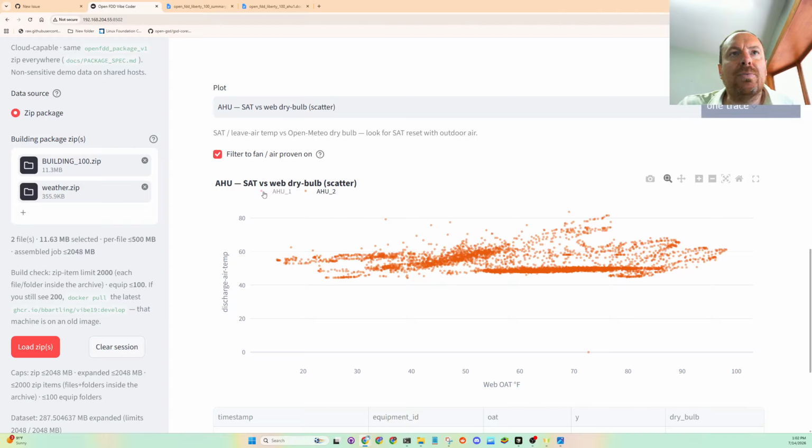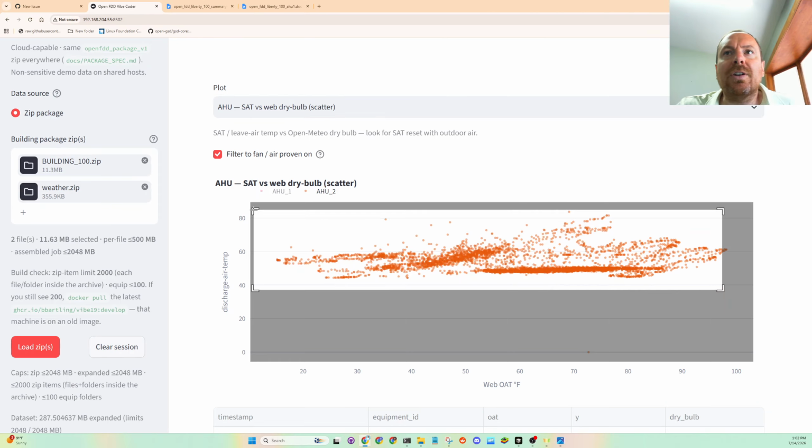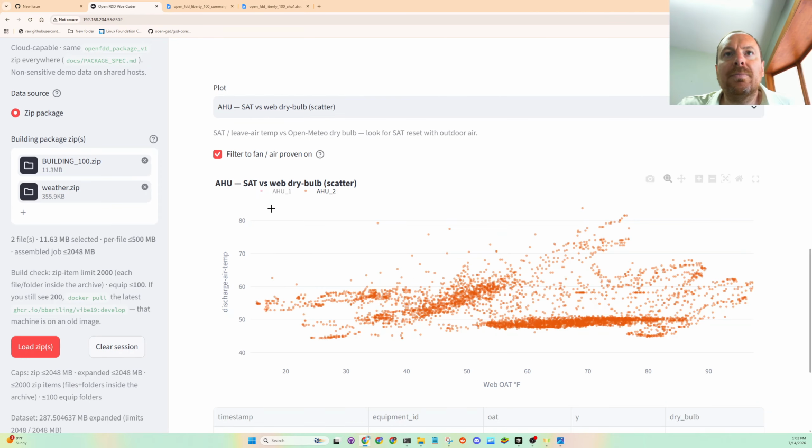So let's look at air handling unit 1. Or this is air handling unit 2. Yeah, there's some anomaly in the data right here. Let's get our chart a little better. Okay, they do not have a very good discharge air reset in this building.